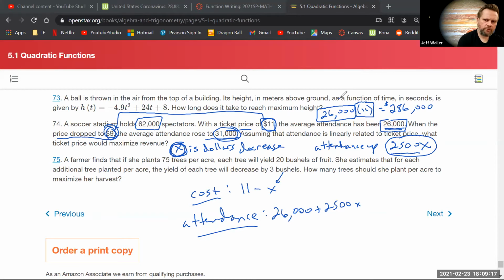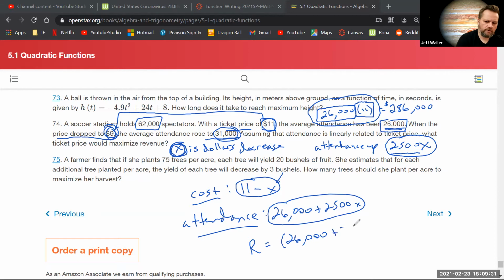So this is what it was when I didn't change anything. Now the cost is 11 minus x and the attendance is this. How do I figure out the revenue now? I do the attendance times the cost.